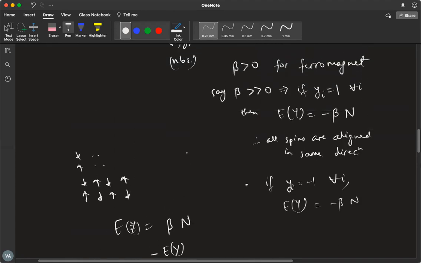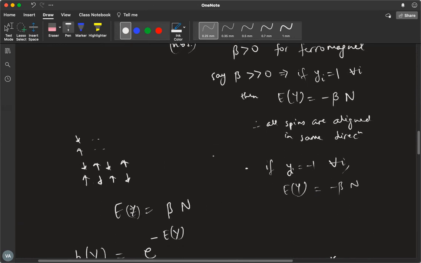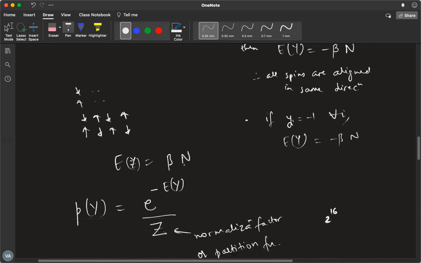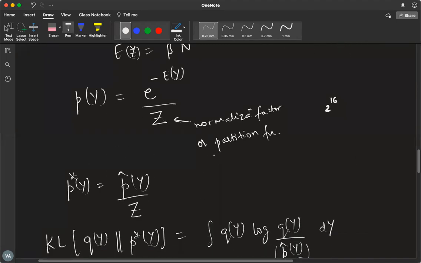And this energy is given by this term, in which only neighboring terms are interacting. Now, you can see such PDFs are very difficult to work with. First of all, because of the normalization factor, and secondly, because this y term is very complicated, so it becomes difficult to compute.